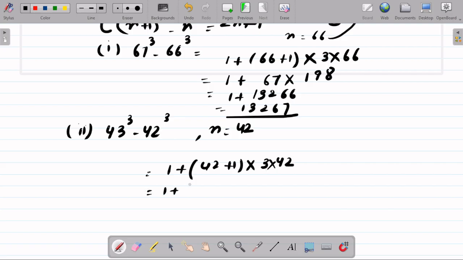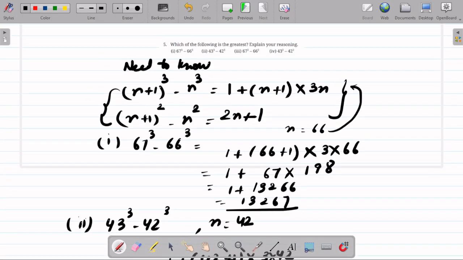This is 1 plus 43 into 3 into 42, which is 5418, and by adding 1 you get 5419.